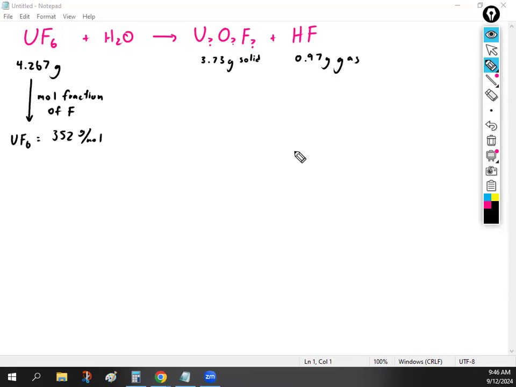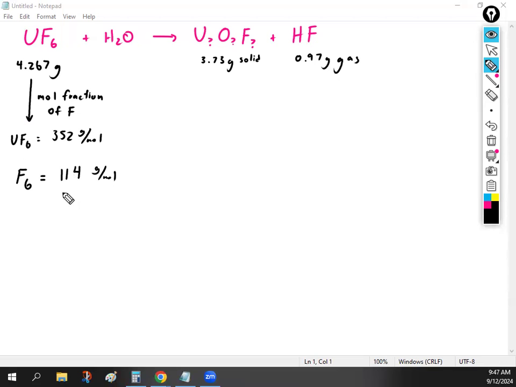Okay. So we are trying to find the mole fraction of fluorine. If you look at UF6, how many moles of fluorine are there? 6. So that means we need to find the molar mass of 6 fluorines. I'm going to give you this number just so we can skip a little time. This is going to be 114 grams per mole.